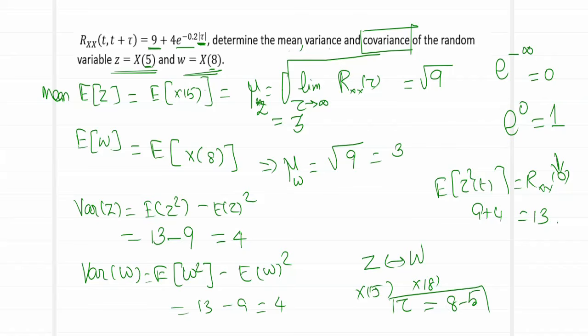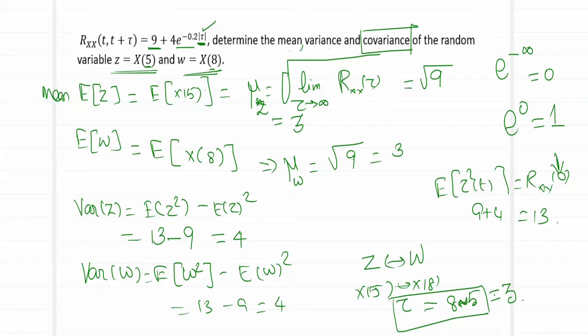What is 8 minus 5? It is equal to 3. Where will we have to substitute this 3? It will be substituted in place of tau, because our tau is going to be 3.